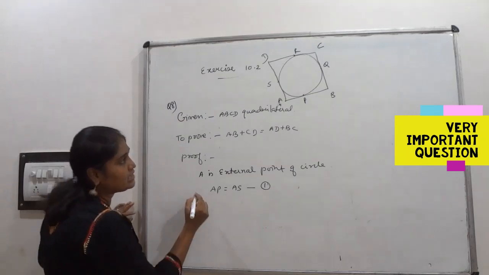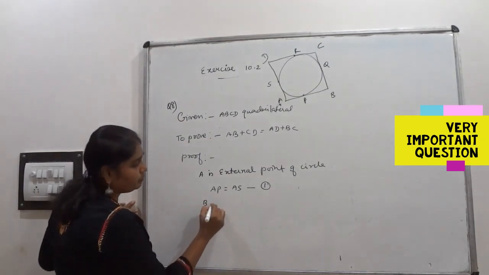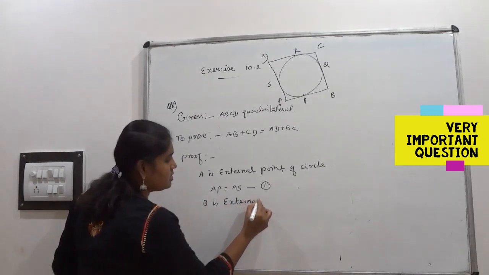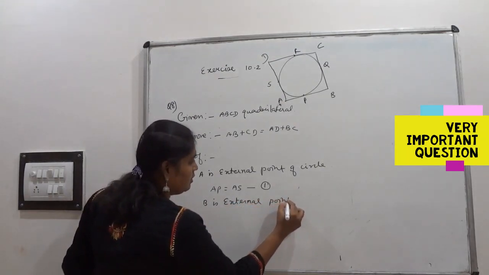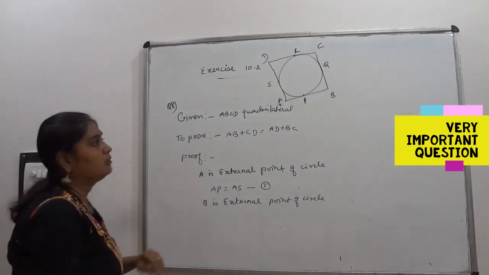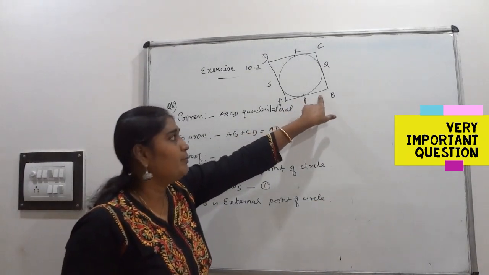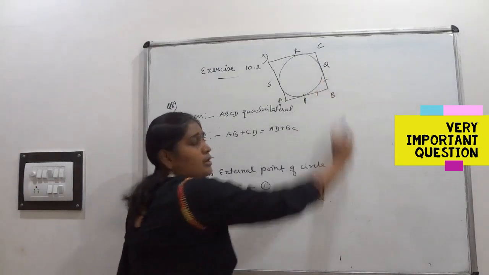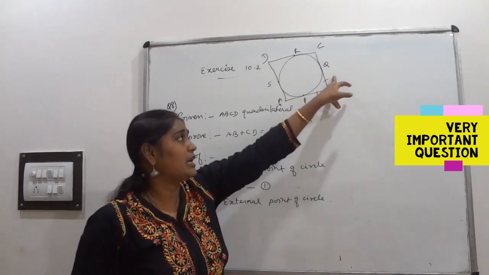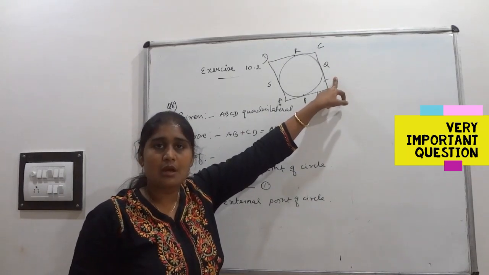Then go for the next one. B is external point of circle. Right now, we can write PB, which is equal to BQ. Why? B is external point to a circle. Then the lengths of the tangents from an external point to a circle are equal.